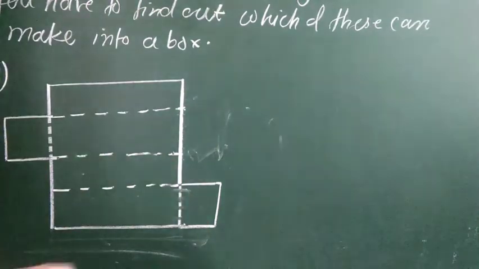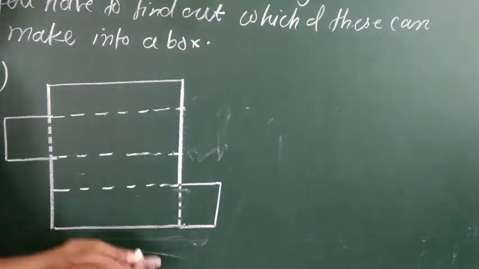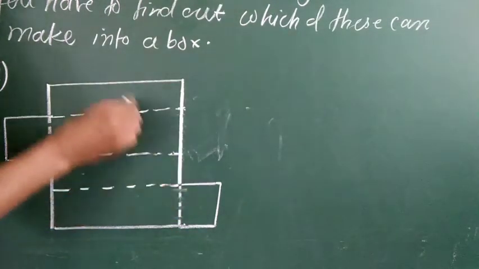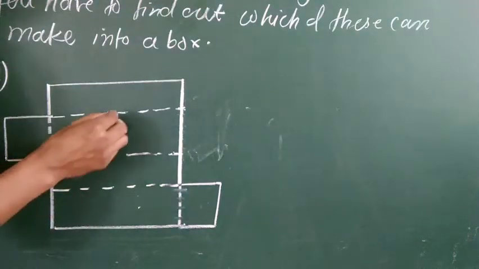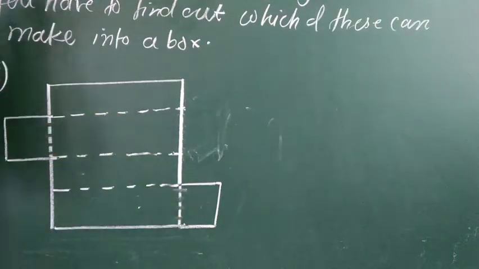Okay. Now see, dear student, please observe this shape here. It is shape number A. This is a shape with how many faces here? 1, 2, 3, 4, 5, 6 faces. And now see, there are 1, 2, 3, 4, 5 dotted lines.